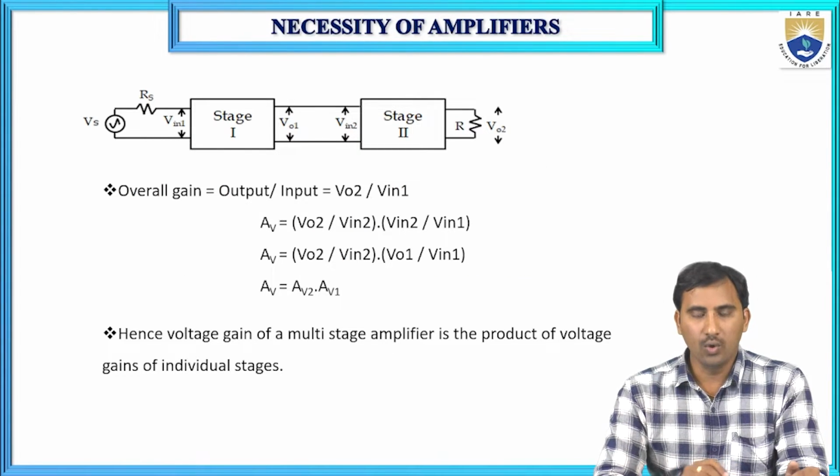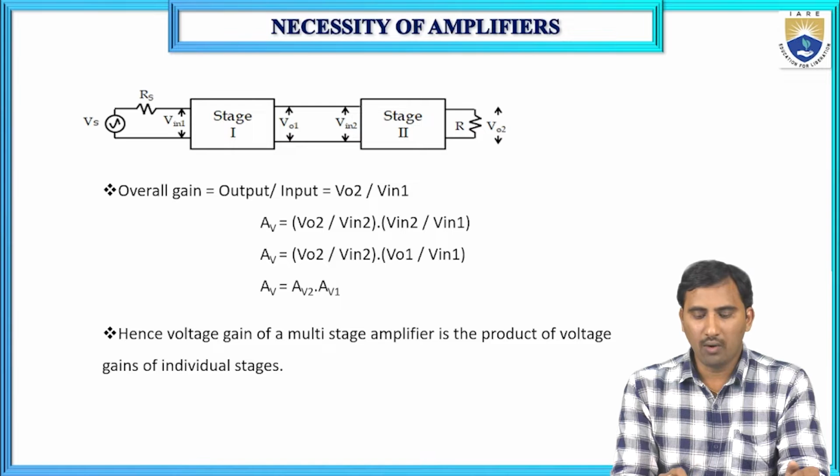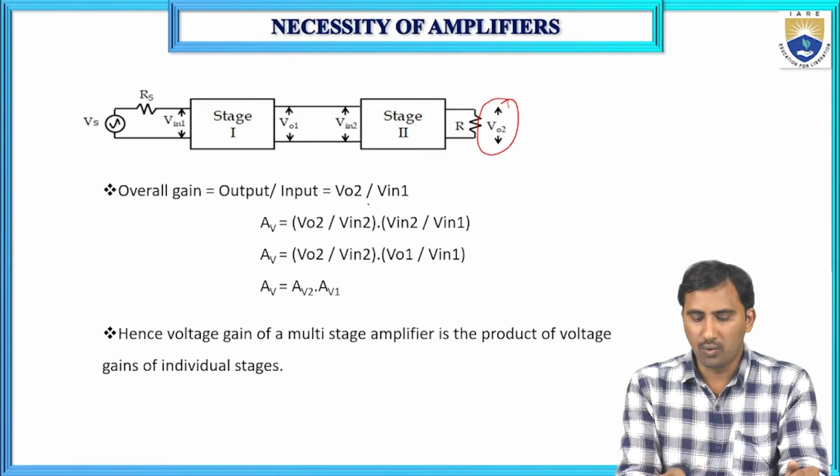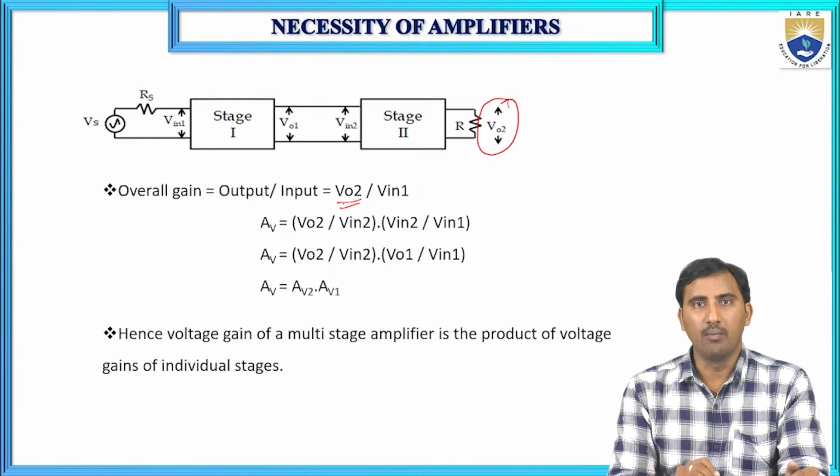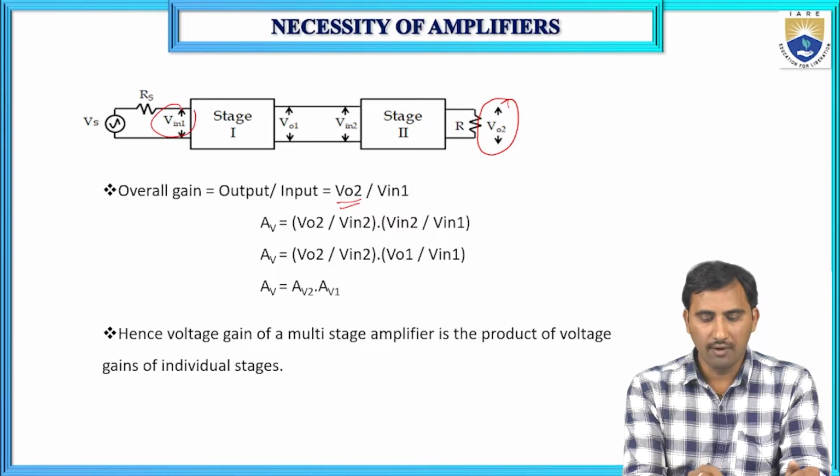Here, see how to calculate the overall gain. The gain is equal to the output by input. Here we are finding the voltage gain. Voltage gain is the ratio of output voltage to the input voltage. So the overall voltage gain is equal to the overall output voltage, that is V02, by the overall input, which is Vin1.